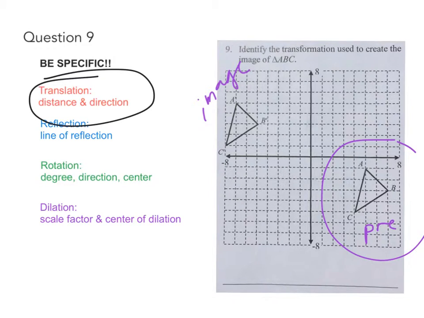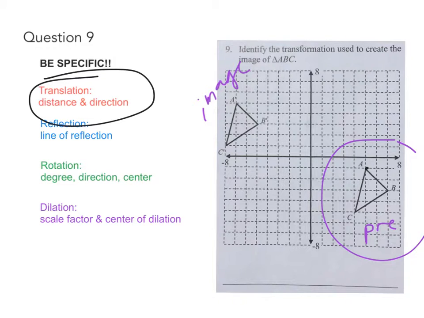So now you need to give me a distance and direction. What I would do is pretty simple. I would choose one point. It could be A, B, or C. I'm going to pick A. And I would trace that one point to the corresponding A prime on the other image. So let's just go horizontally first.